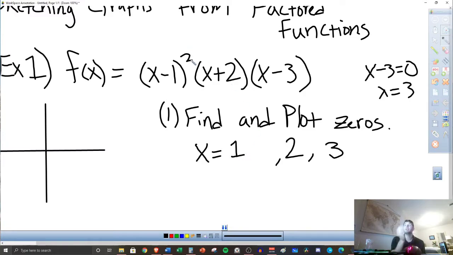Now, the question here is, how does this square affect things? If I were to rewrite this, it would be x minus 1, x plus 2, and x minus 3, right? Because that's what that square means. It means write it twice. Well, do I write the 1 twice?